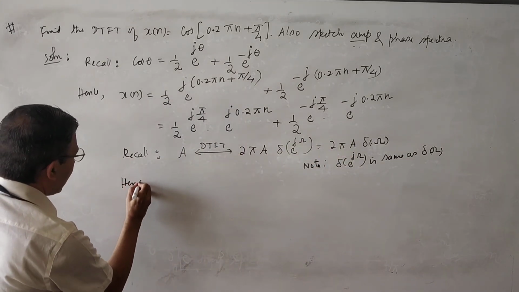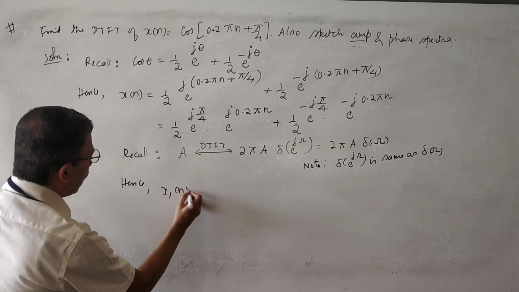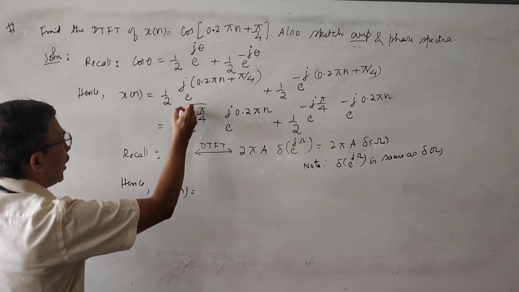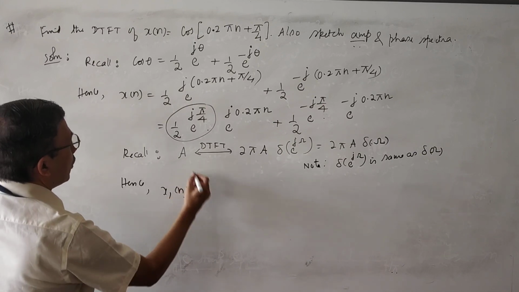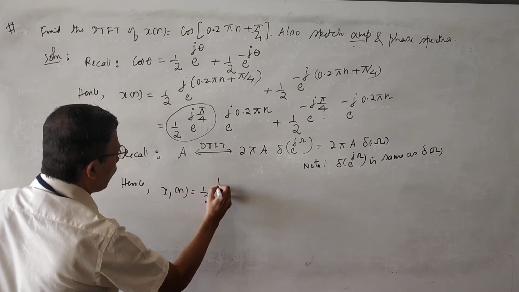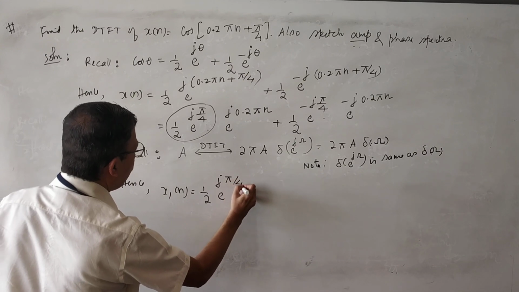Hence, I take this as x1 of n, where a is equal to half into e to the power j pi by 4.